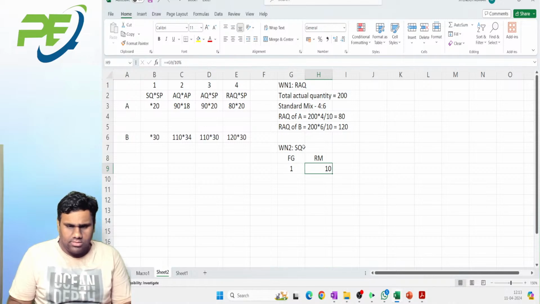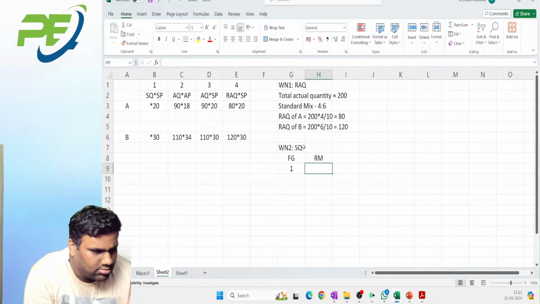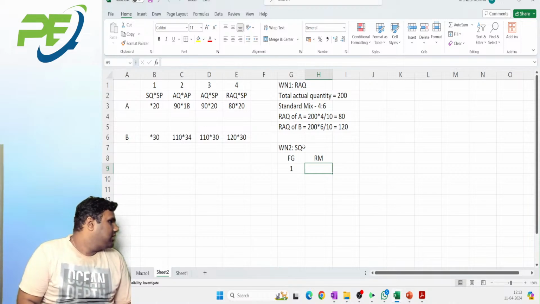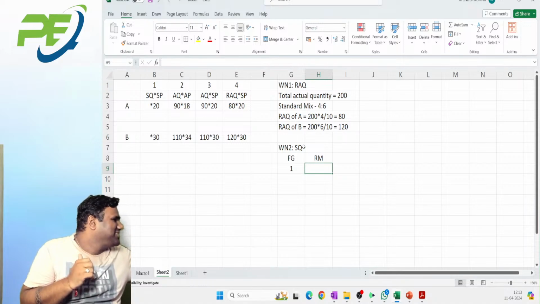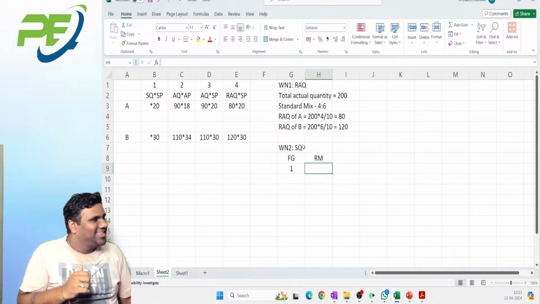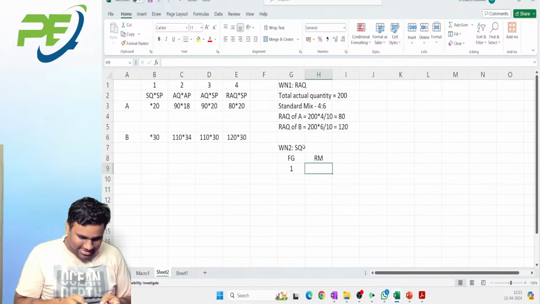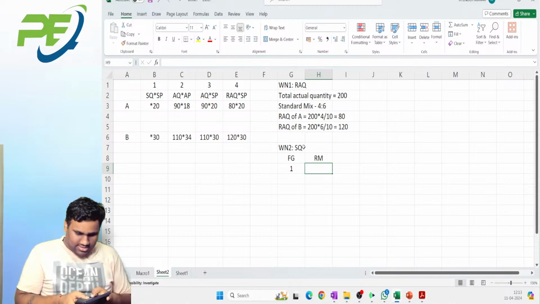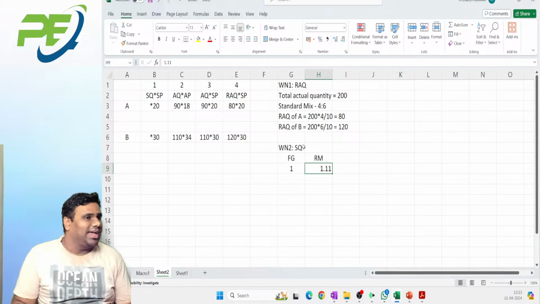Take a second. Calculator. The question mark is coming to 1.11.